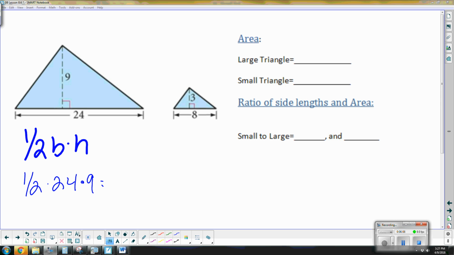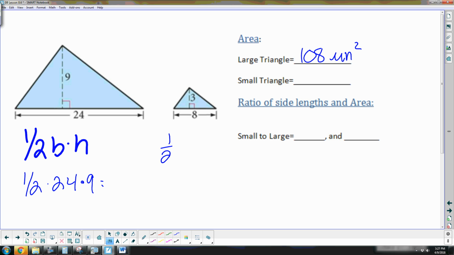So the area of our large triangle is 108, and we don't have any units here, so we'll just use units squared. And the small triangle is 1/2 times 8 times 3, which is 12 units squared.